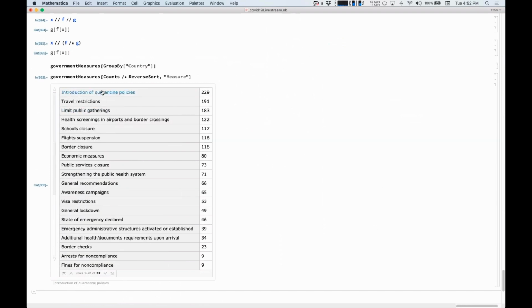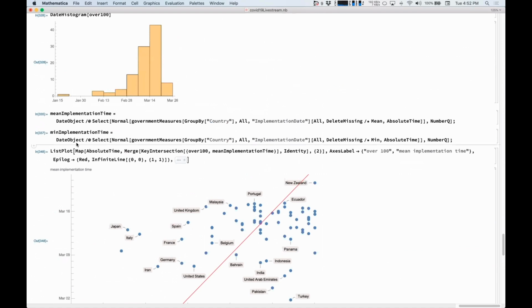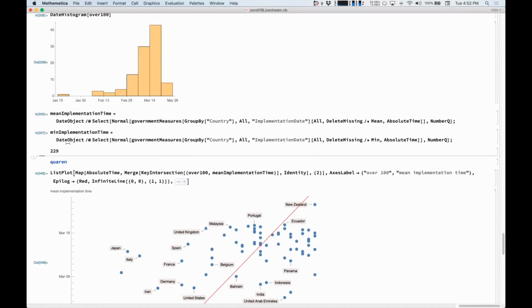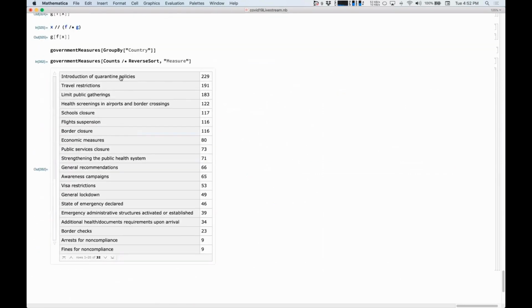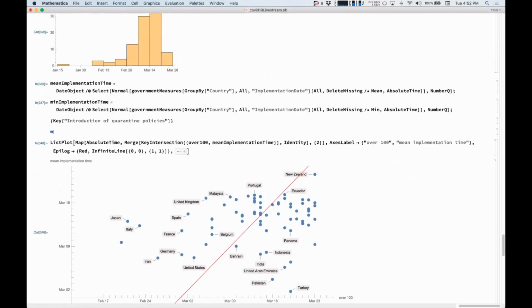Okay, let's try it. So we'll now try, instead of mean implementation, we'll say how do you spell quarantine? Wait, do we want to copy position to clipboard? That's what we want. So we'll say it's right there. Oh, I see. No. But we want to say let's do this.